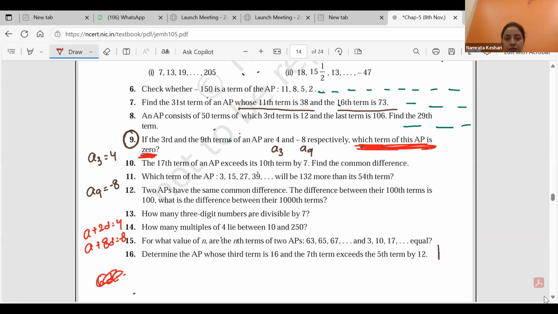So we have to use the formula, ma'am, right? Which formula? The an equals A plus n bracket n minus 1 into d. यहाँ पे हमें कौन सी वैल्यू हमें 0 लेनी चाहिए?